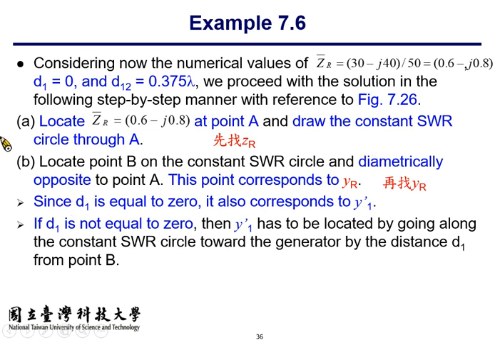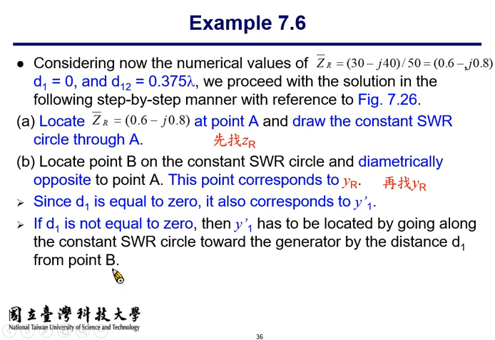How do we do that? To find the admittance of point A, you simply rotate along the constant SWR circle by half a circle. So YR, the admittance of the load, happens to be on the opposite of point A on the constant SWR circle. The new point, on the opposite of point A, is referred to as point B.